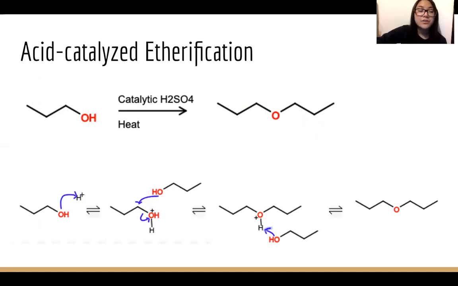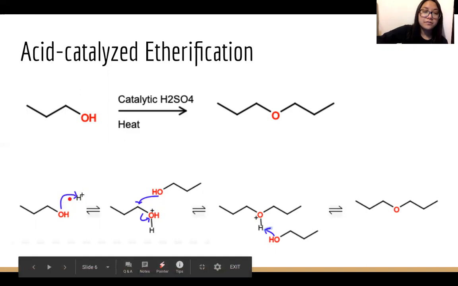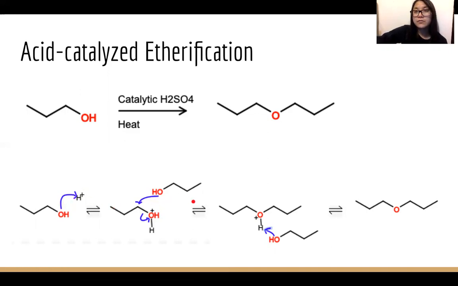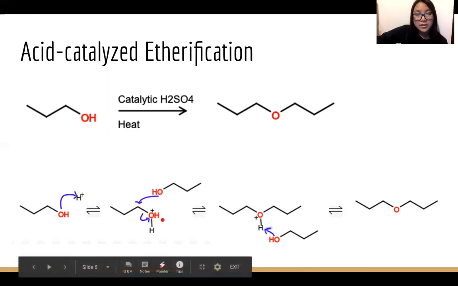We have two different ways. This is the acid-catalyzed etherification. And basically what happens is you have acid that's going to protonate the alcohol initially. And then another equivalent of the alcohol is going to come and attack this carbon, and the H2O is going to leave. That serves as a leaving group.